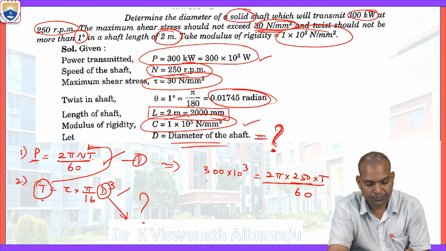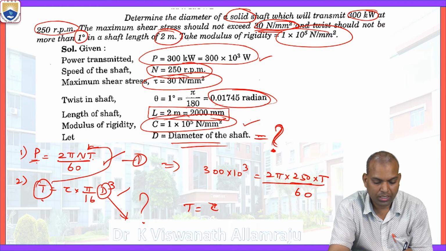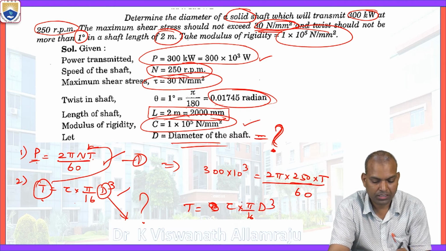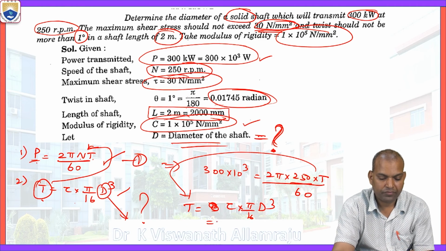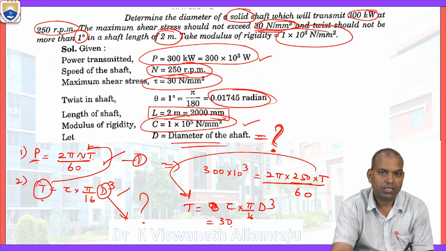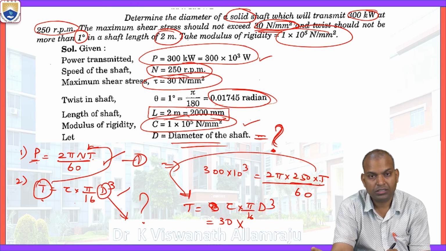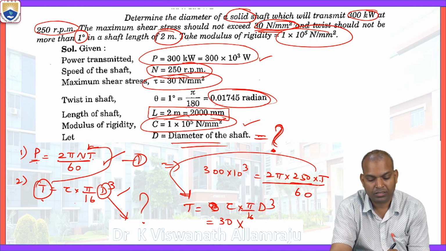From this T comes T equal to tau times pi by 16 d cube. Calculating T here, then after calculating that value, substitute. Then tau, what is the tau? Shear stress 13 Newton per square millimeter. Please convert this torque in terms of Newton millimeter. The value comes here in Newton meters.